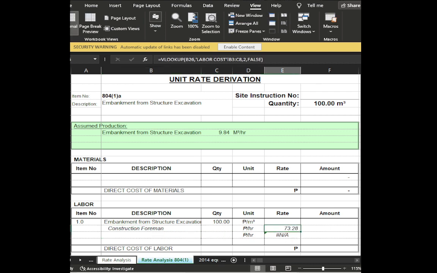So this is the rate, 70.28. This is automatic already, guys. I already got the formula from this one, so we can get directly from the other page.